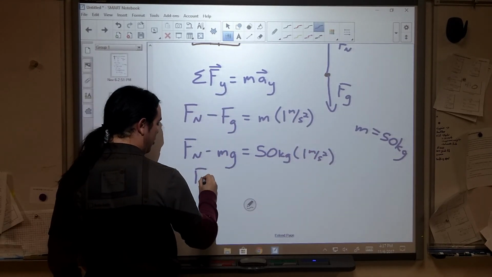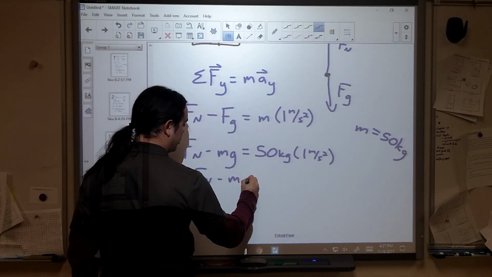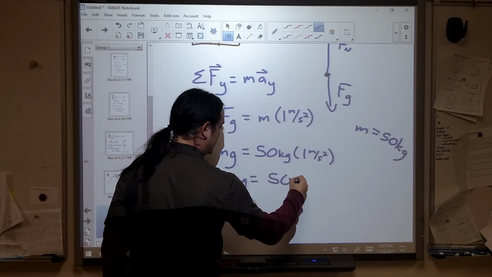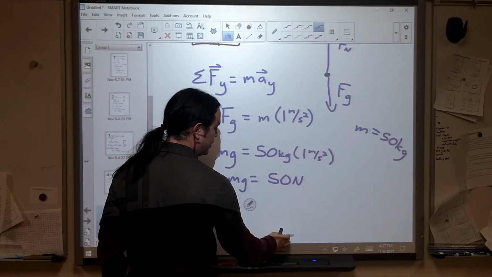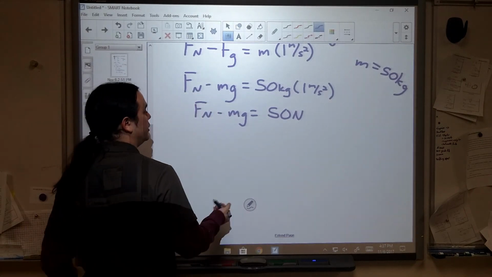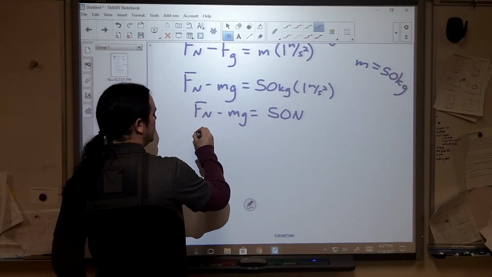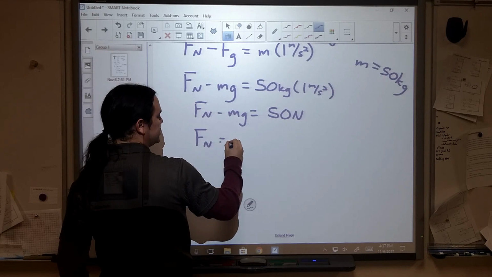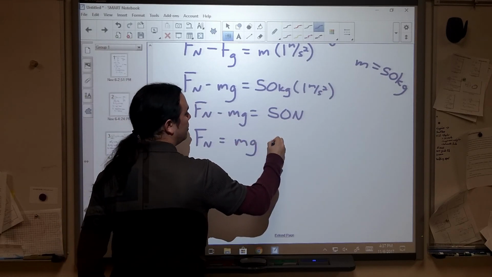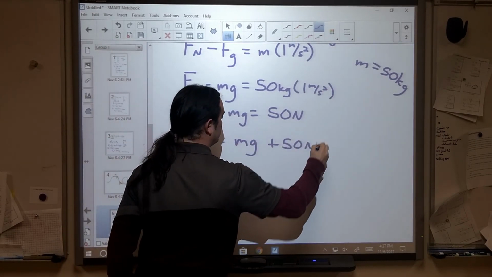We're going to find that the normal force minus the force of gravity equals 50 newtons. A kilogram times a meter per second squared gives us a newton. All right. I'm going to find that my normal force equals mg plus 50 newtons.